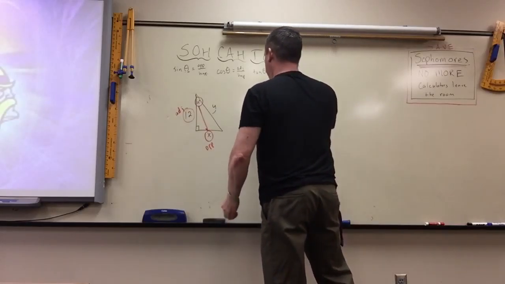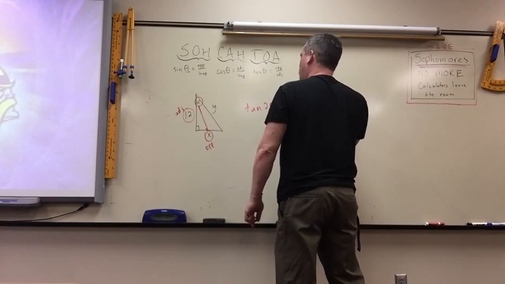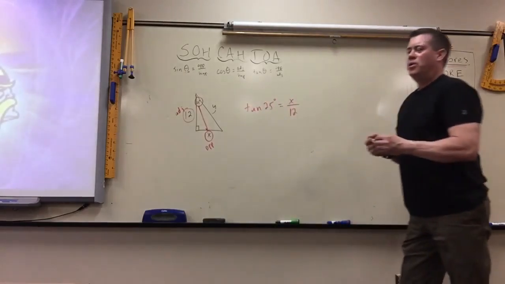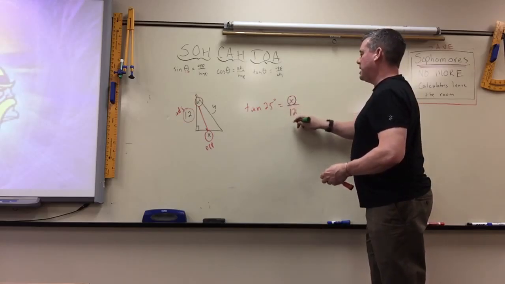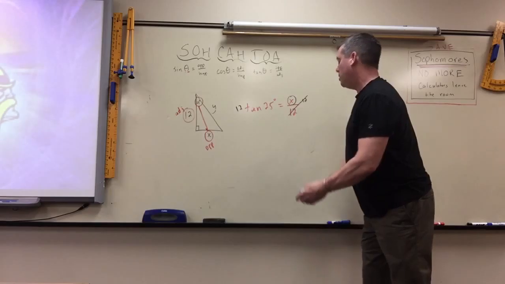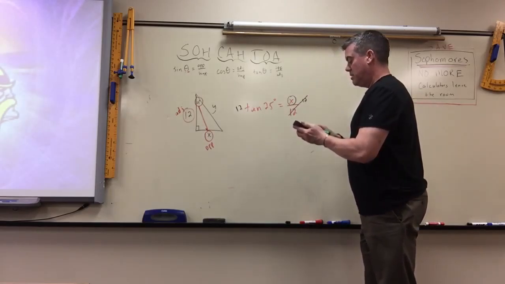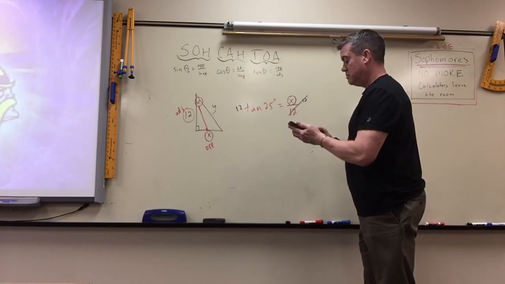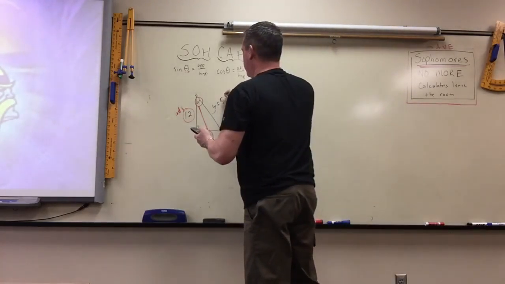So, the tangent of 25 equals opposite over adjacent. So once again, the missing one is on top. So to get the x by itself, I just take it times 12. That's 5.59, which would round to 5.6.